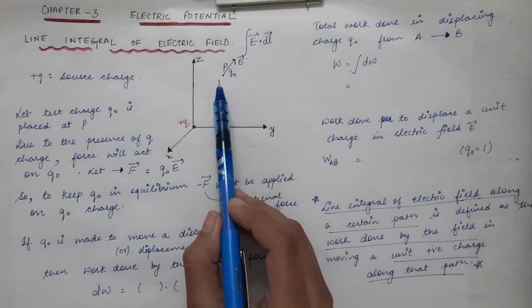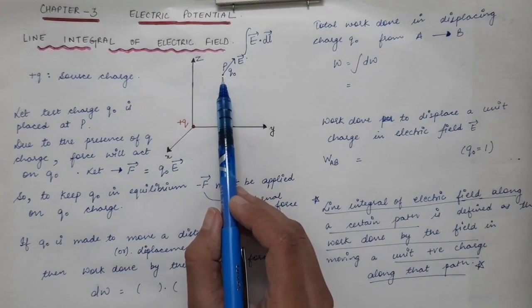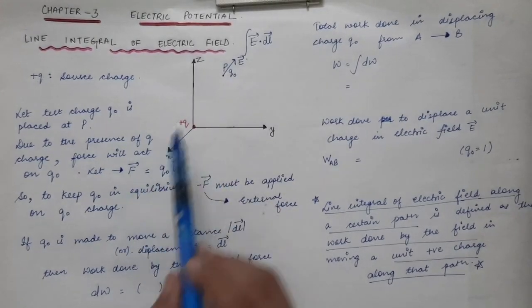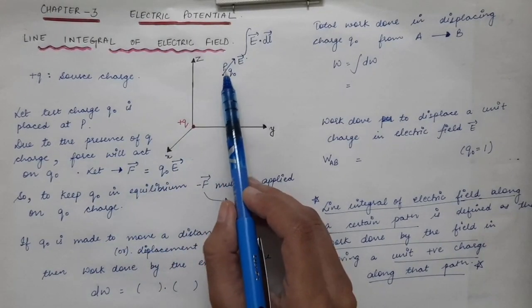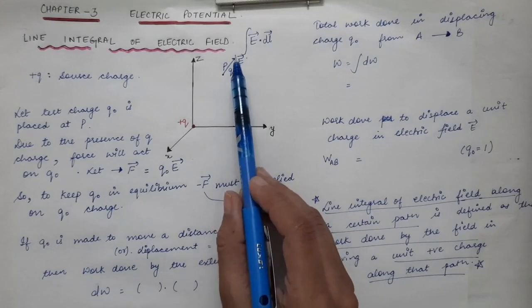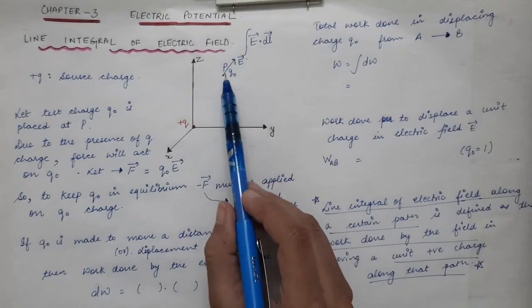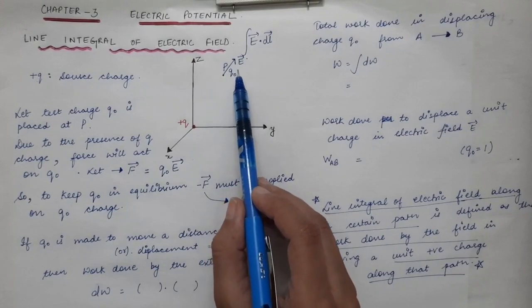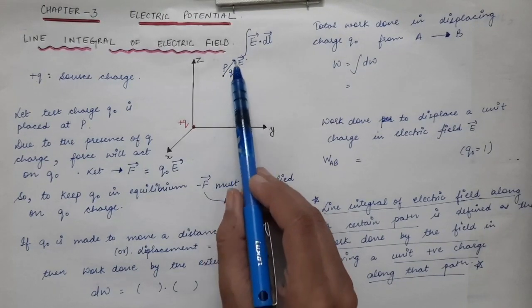Due to this force F vector, there will be a repulsive force, that is, this charge will get repelled away from this source charge. So there will be motion of the charge Q0 in this direction.